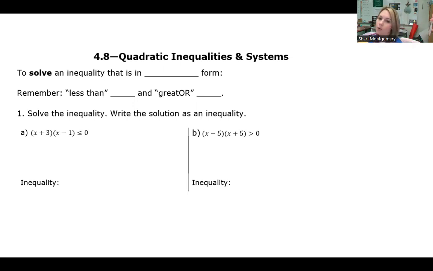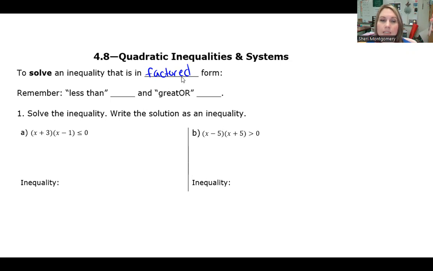Okay, to solve an inequality that is in factored form, remember, factored means that it looks like this. We've got a list of factors.